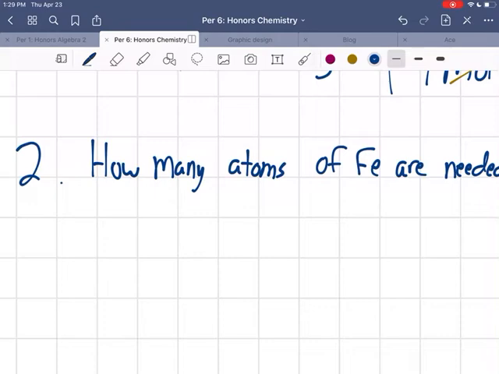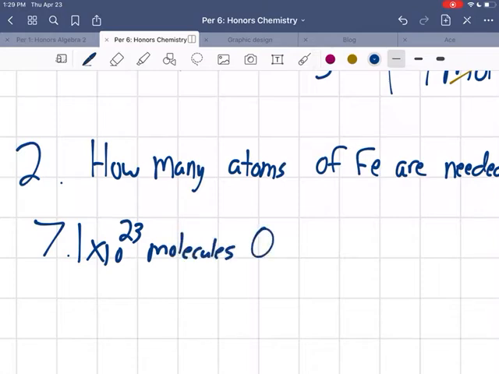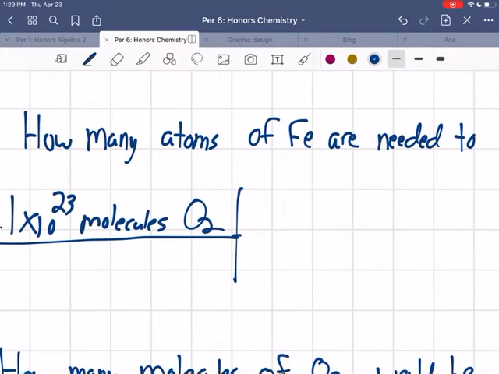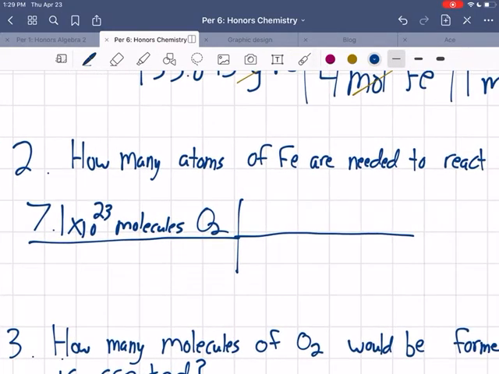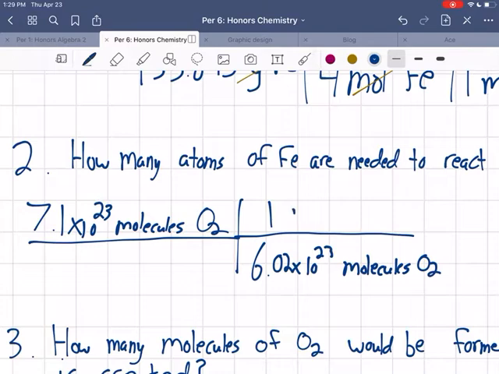Let's put our original number down, 7.1 times 10 to the 23rd molecules of oxygen. We know based on Avogadro's number that there are 6.02 times 10 to the 23rd molecules of oxygen for every 1 mole of oxygen.